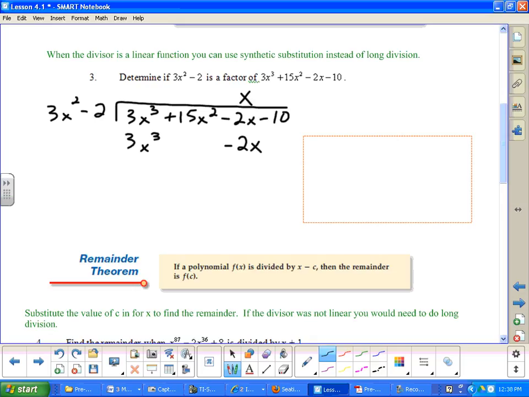Okay, so make sure you're careful with that, because this is squared. That means we might be skipping every other one then. So we subtract. Change the signs. This is negative, that's positive. So what happens to both of those parts? Okay, they cancel out. They're both 0. So now I'm going to bring down both of these other things, 15x squared and negative 10.